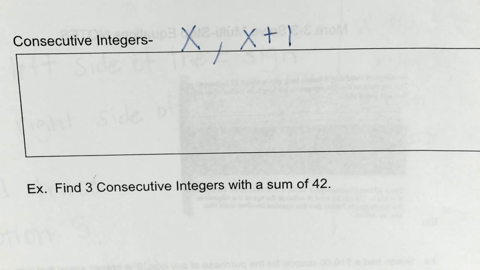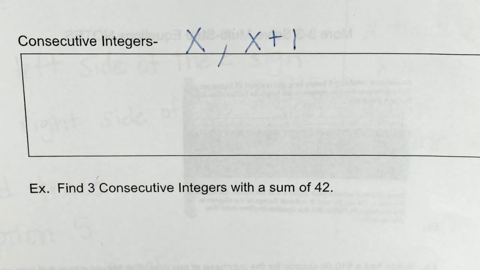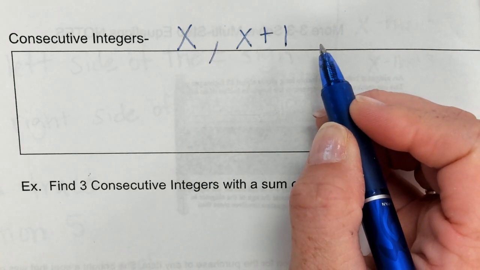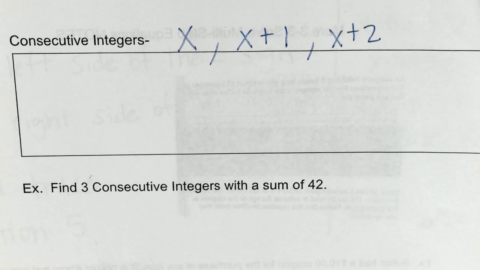How do I get from 5 to 6? Add 1. Are y'all with me? How would I get from X to the next number? Add 1. Y'all got it. How would I get from X to the third number? Add 2. How would I get from X to the fourth number? Add 3. Y'all got it? Okay.